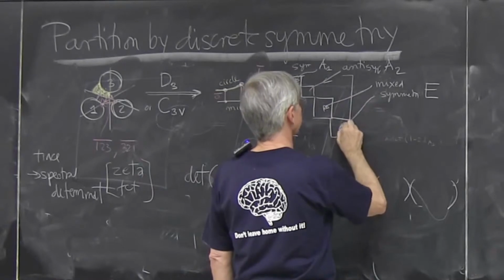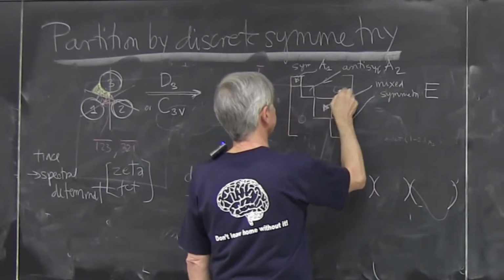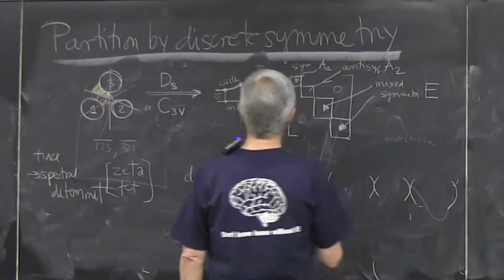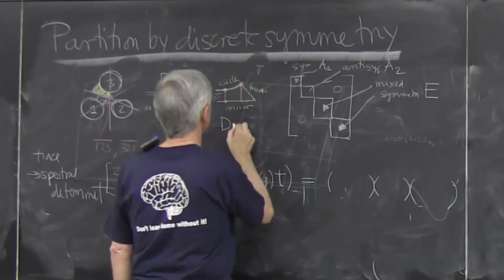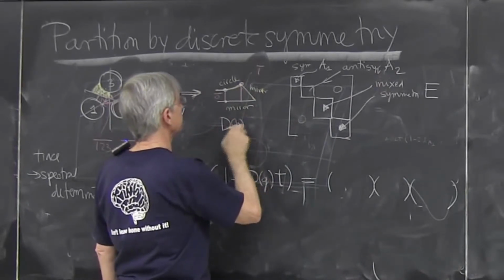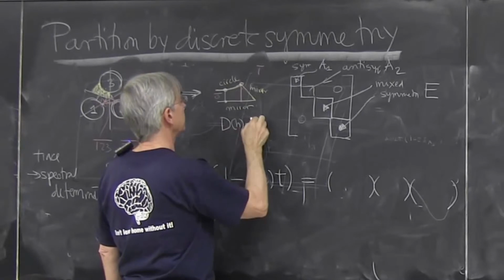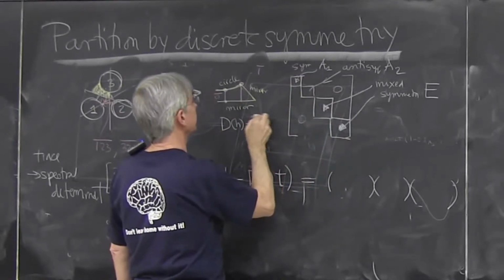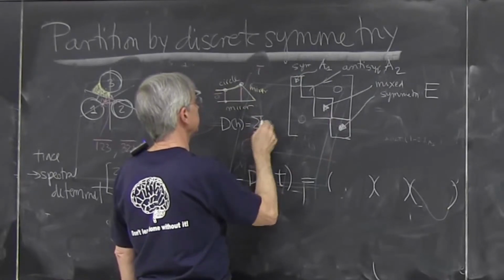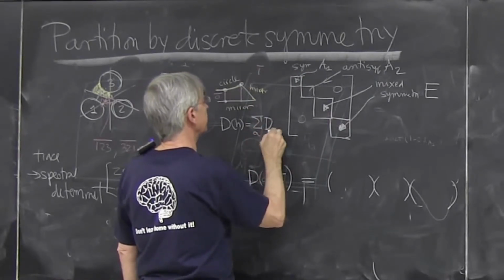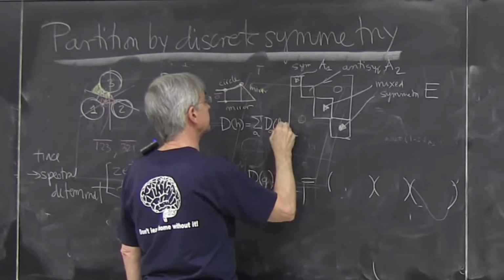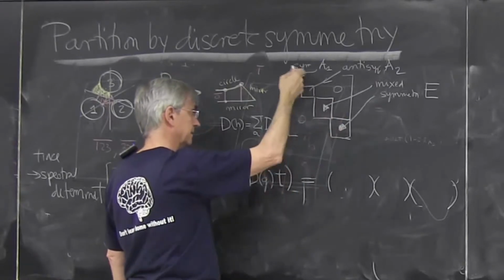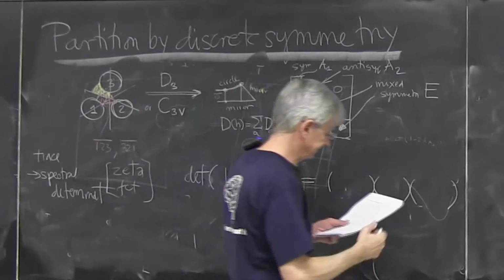And that happens twice. So any group element that we wrote before can be written as a sum of these, because they're not mixed. The irreducible representation H, and there are 3 of them.